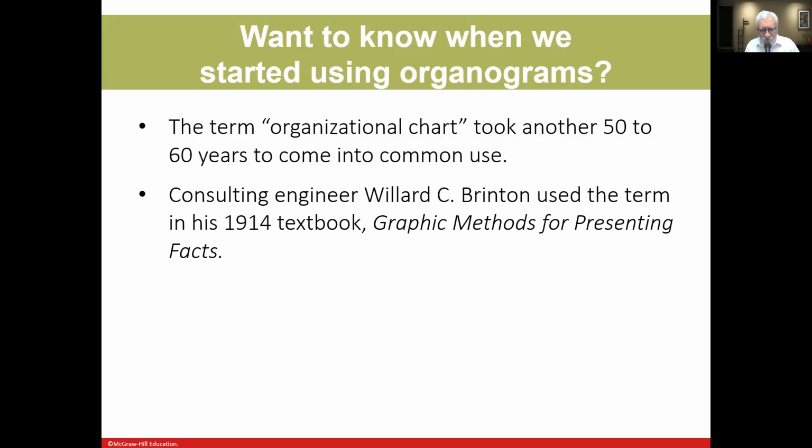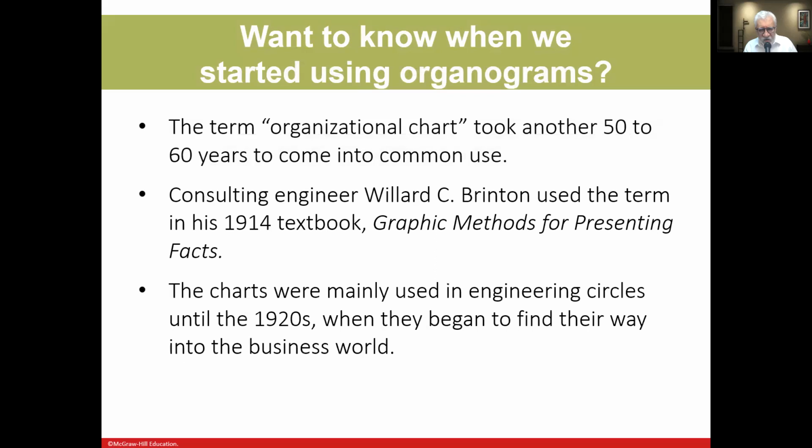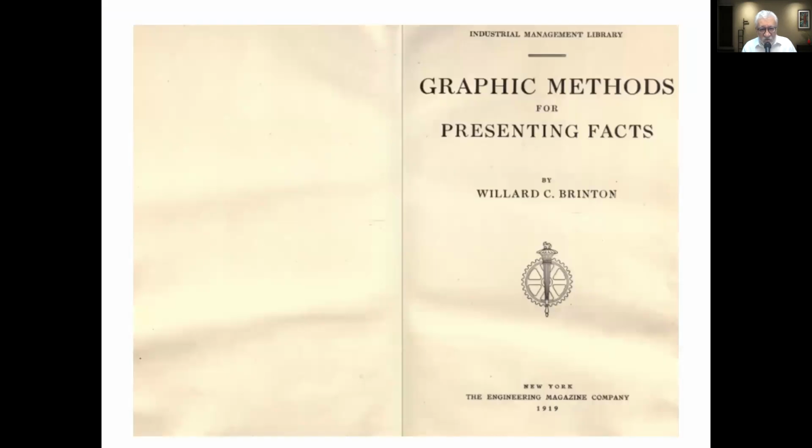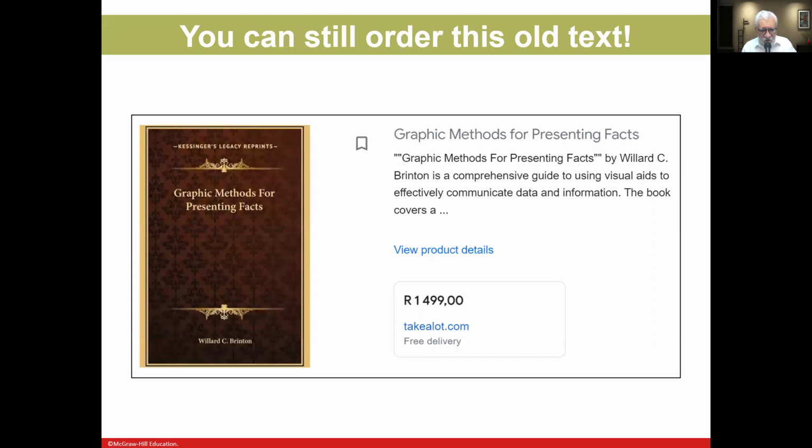But there was this consulting engineer, Willard Brinton, and he wrote a book in 1914, Graphic Methods for Presenting Facts. And I can tell you that you can, in fact, buy the book. It is available. It'll cost you a lot of money, and I don't recommend you do it because there's not an enormous amount, unless you're a collector of historic items, there's not an enormous amount you can do with it.